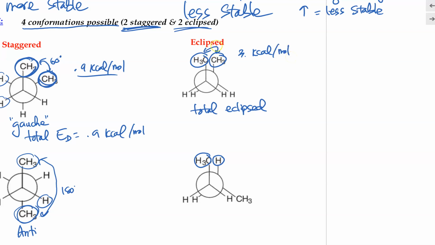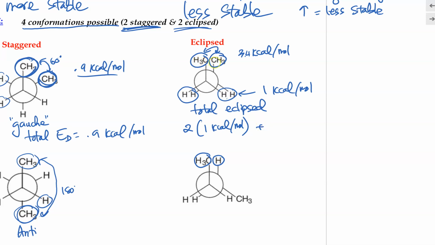So overall, we see in this total eclipse that we have two hydrogen sets eclipsing each other, as well as the two methyl groups eclipsing each other. So when we add all of this together, it equals the following. Each of these is 1 kilocal per mole, so we have 2, and each of these is 1 kilocal per mole, and this is for the eclipsing hydrogens.